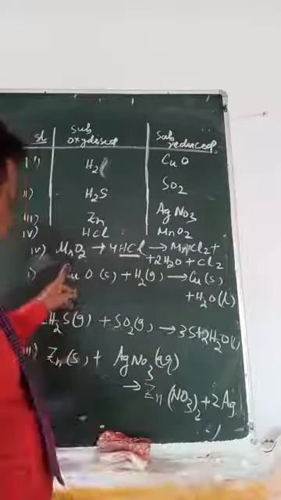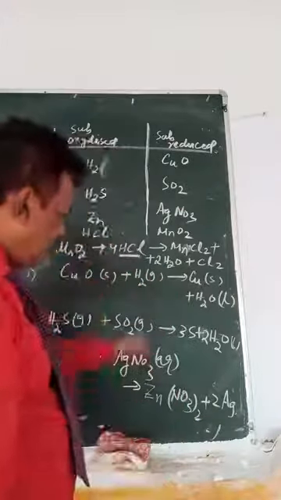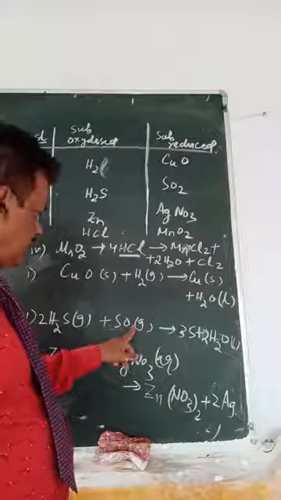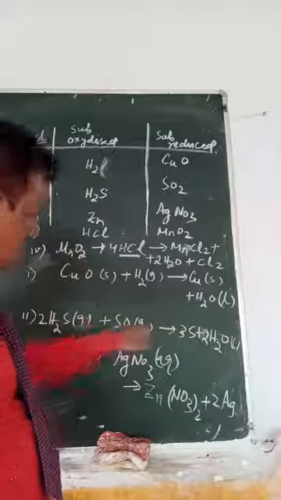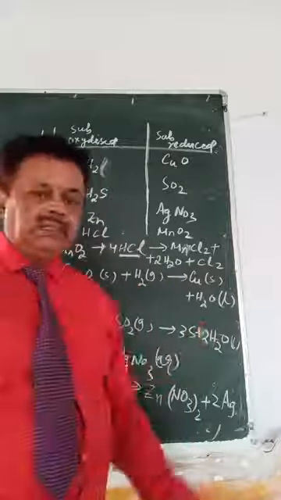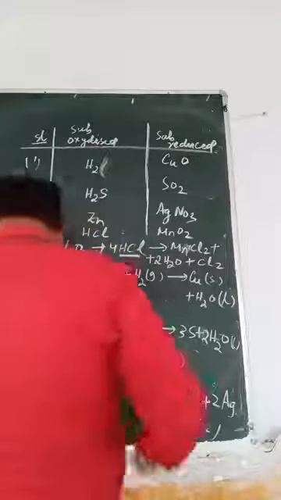So this is both an oxidation and reduction reaction. So like this you will identify this. What about this? Again you can see both oxidation and reduction. So this is both an oxidation and reduction reaction. Okay, now let's take some more examples on this.